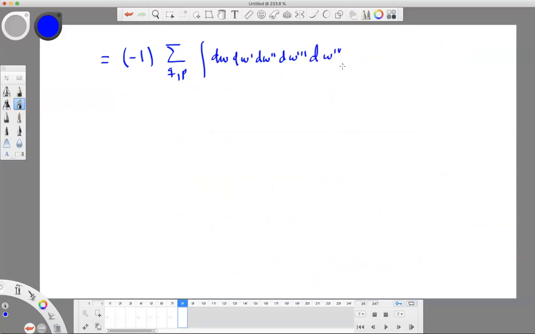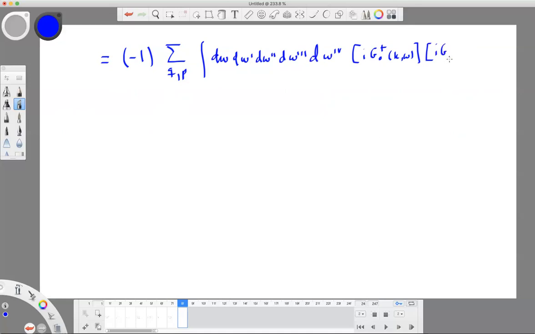Then we can take out from here, and notice I'm pushing to the right the time integrations. So I have G0 plus, and then the first momenta, the first labels here. Then we have the second labels.